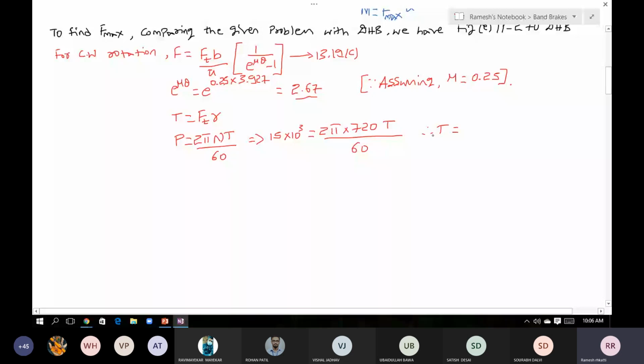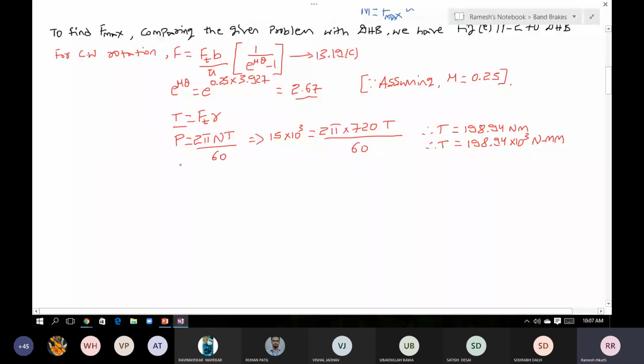198.94 Newton meter. The remaining dimensions are in mm, so better you convert this into Newton mm, since 1 meter is 10 raised to 3 mm. It will be 198.94 into 10 raised to 3 Newton mm. This is the torque. Once you get the torque, you can substitute that in this equation.